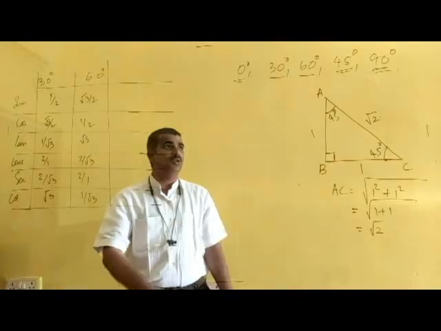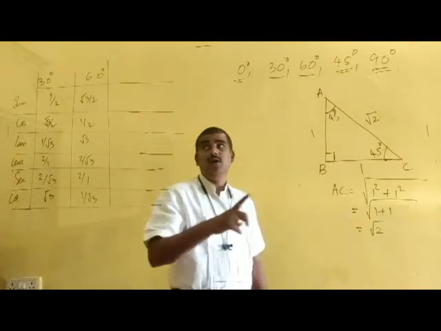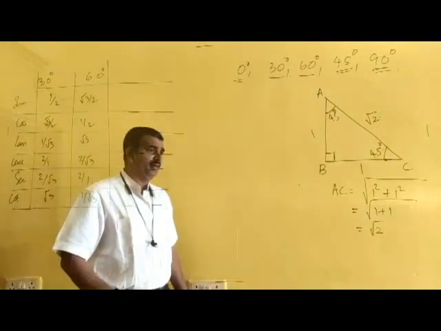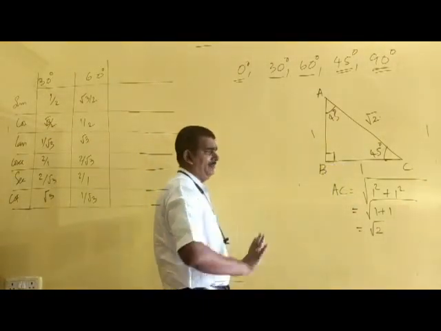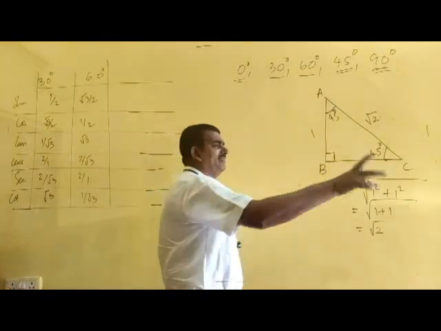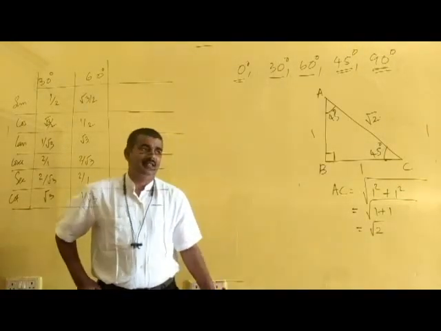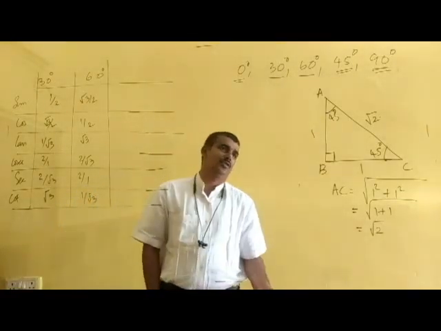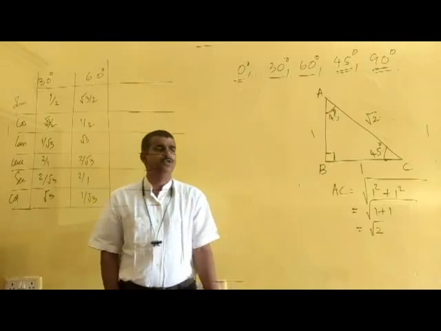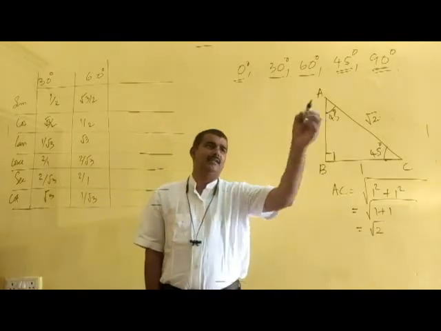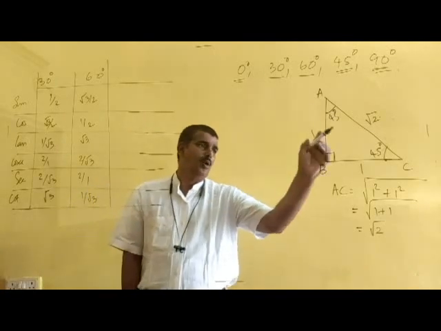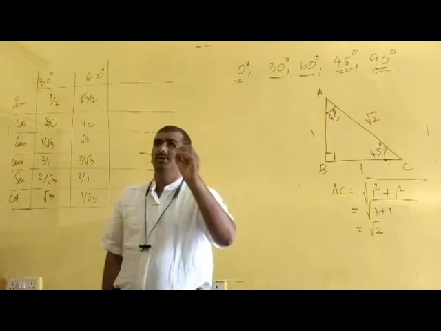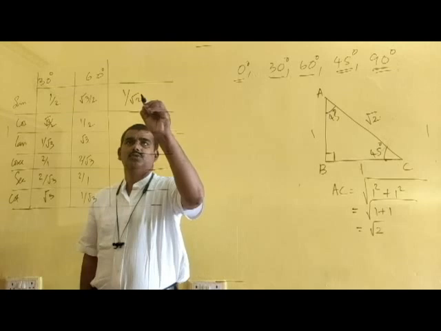So to get the values of different trigonometrical ratios for 45 degree, you can choose any one angle, A or C. I am selecting A, then also you will get the same values. Sin 45: opposite side divided by hypotenuse, that is 1 by root 2.